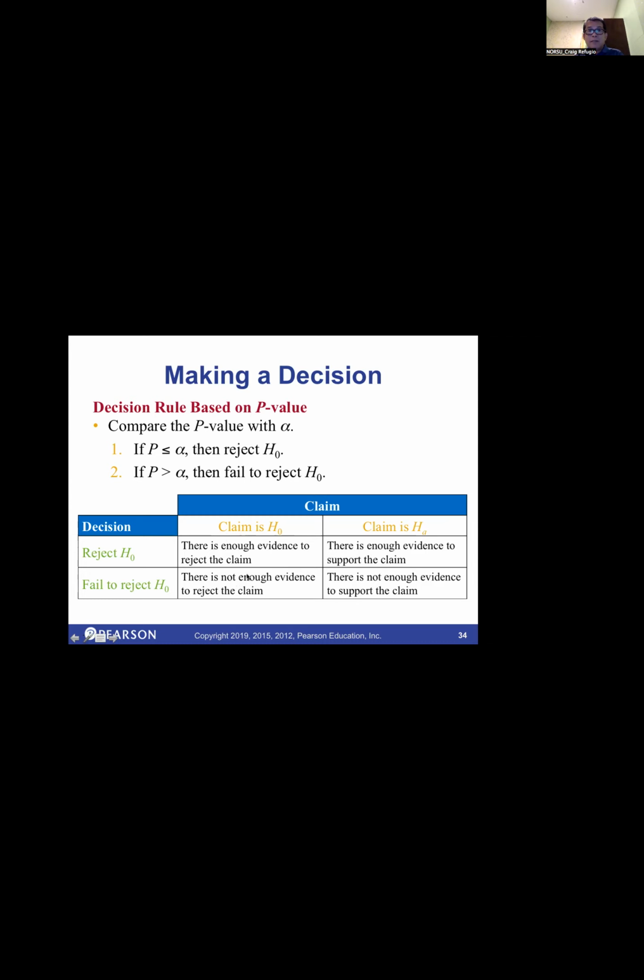Enough can be replaced by sufficient evidence. Not enough, you can replace this one by sufficient. So you can just say there is not sufficient evidence to support the claim. There is not sufficient evidence to reject the claim. There is not sufficient evidence to support the claim. So take note of the process.